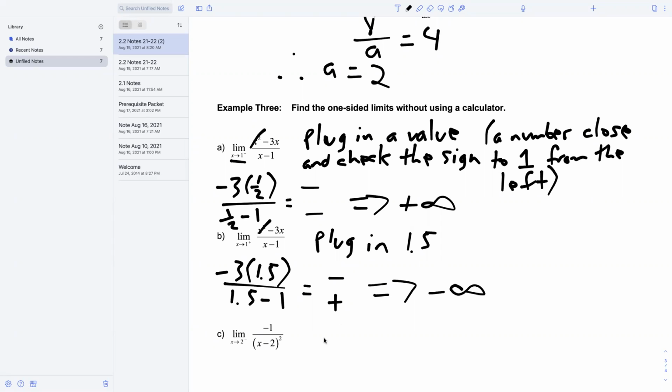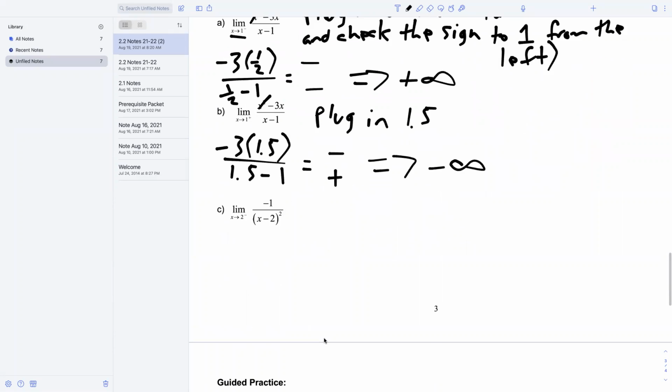And one more here. This is the limit as x goes to 2 from the negative side. I've got -1 over (x minus 2) squared. There's a vertical asymptote at 2. Therefore, my function is going to be approaching positive or negative infinity. Which one is it?